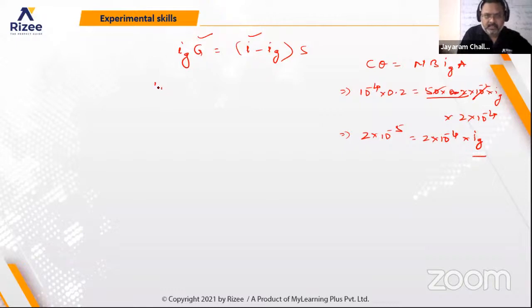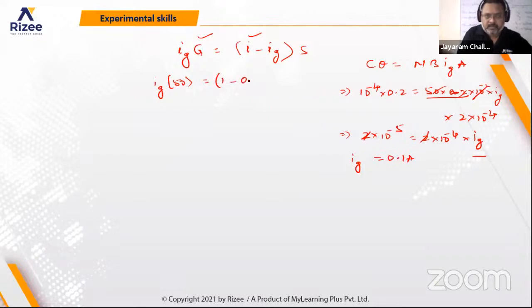So G value, he has provided it as a resistance of 50 ohms, I suppose. The Ig value is coming out to be how much, sir? 10 to the power of minus 1, in the sense it will be 0.1 ampere.